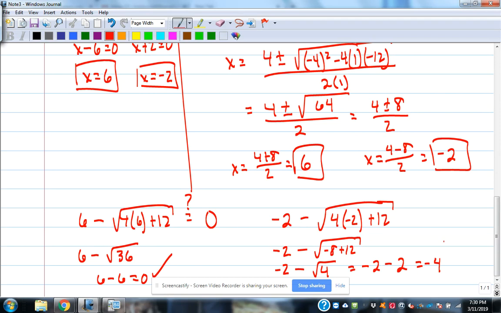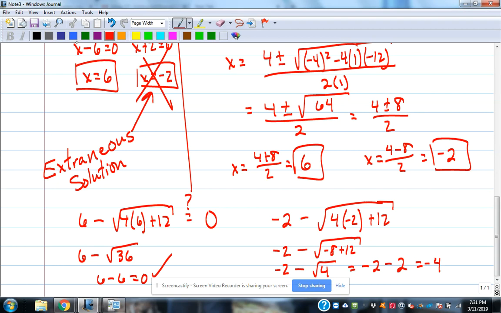Negative 4. Not 0. That right there tells me that negative 2 is what's called an extraneous solution. I found it, but it doesn't work, so I throw it out. The only solution I have is 6. Positive 6 is the only correct solution that I have.